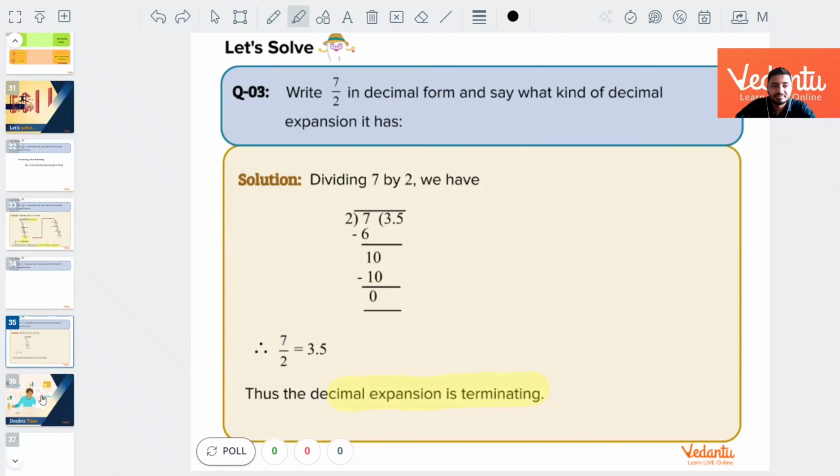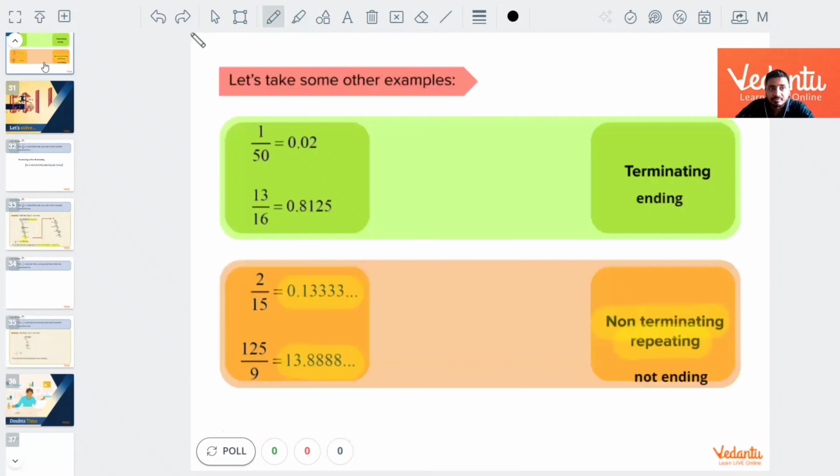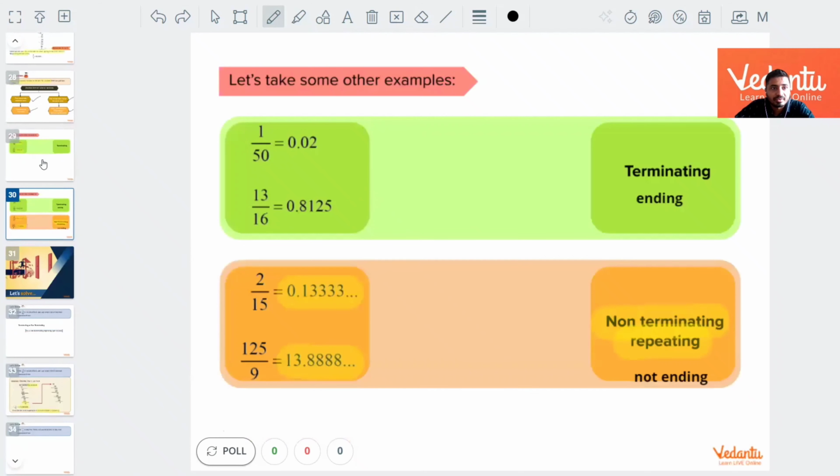Clear to all? Anybody having any doubt? What we have discussed today: which of the following are terminating, and which are non-terminating and repeating ones. Okay. Clear?